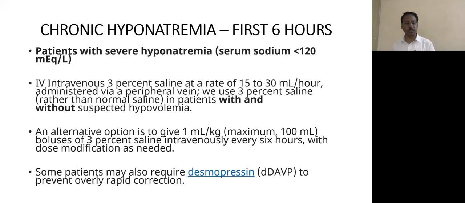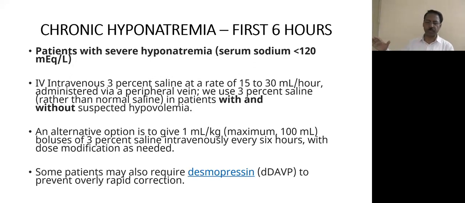An alternative option is to give 1 ml per kg, maximum 100 ml boluses of 3% saline intravenously every 6 hours with dose modification as needed. So in a patient who has a severe hyponatremia, this is what their recommendations are. Previously we were giving 100 ml 3% saline boluses over 10 minutes, repeating maximum 3 times.